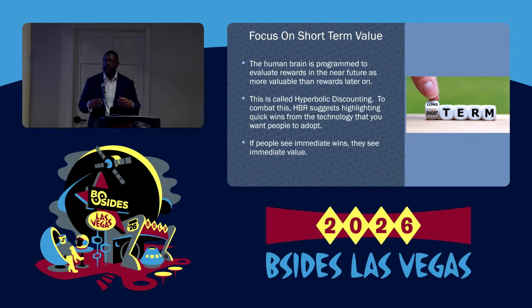We should also focus on short-term value. The human brain is programmed to evaluate rewards in the near future as more valuable than things later on, right? So what we should be doing is highlighting quick wins that we get from people using the new piece of technology that we're incentivizing.